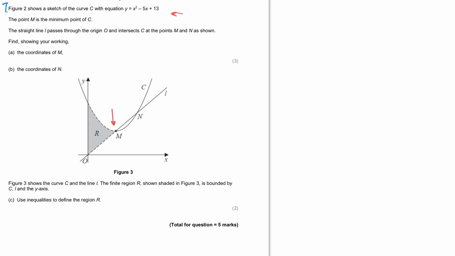So M is the minimum point of C. So y equals x squared minus 5x plus 13. Okay, x minus 5 over 2, so what I'm doing here is completing the square.